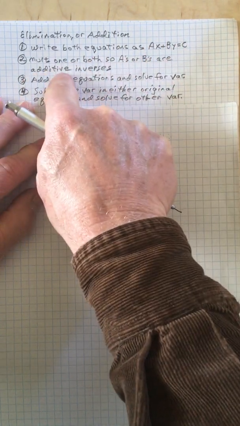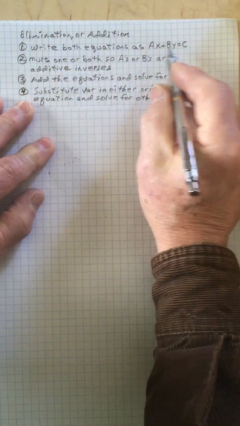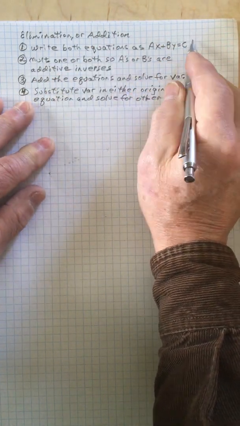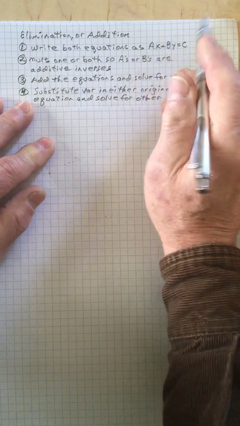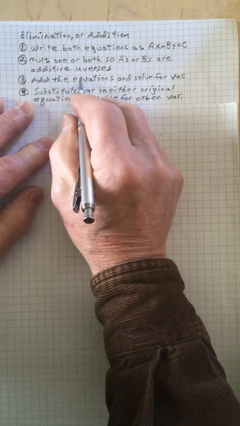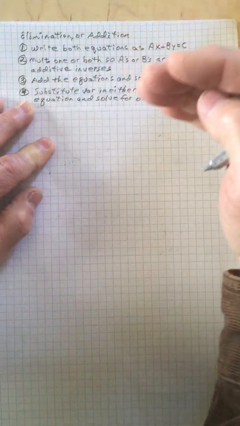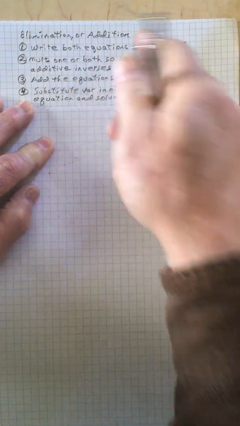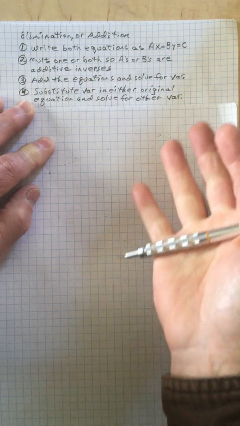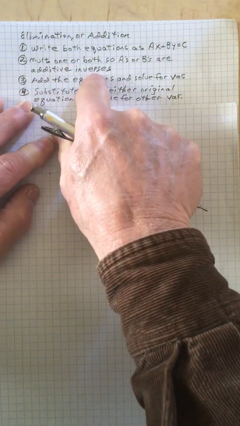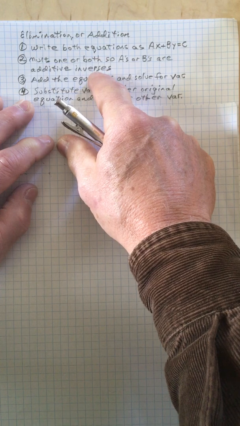And then what you want to do in step 2 is multiply one or both of the equations so that when you add the two, when you add the two equations together, one of the variables drops out. So what you're looking for is additive inverses.